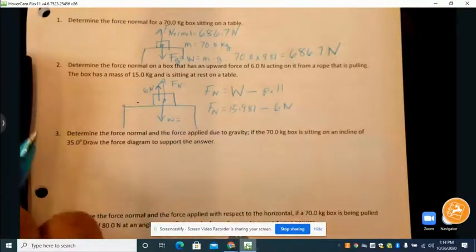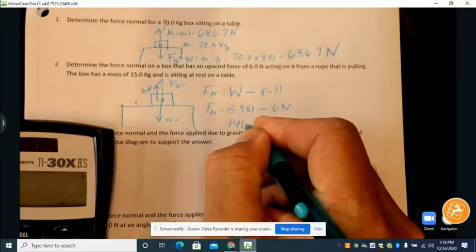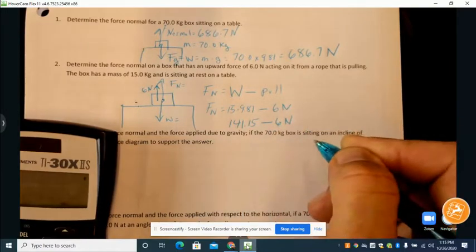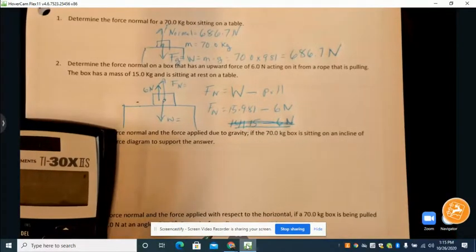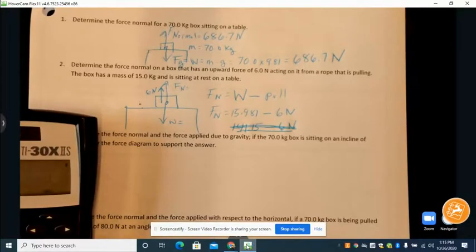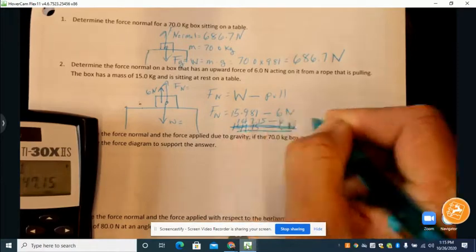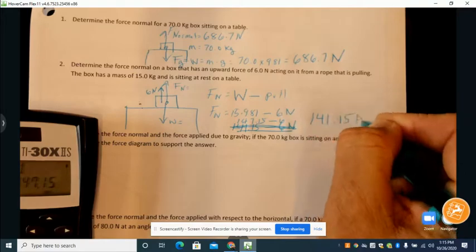Okay, so 15 times 9.81, 141.15 minus 6 newtons that we're pulling up. That looked really high anyway. 15 times 10, yeah, 150. 15 times 9.81, clear that. 15 times 9.81 equals, I get 147.15 minus the 6 newtons gives us that answer that we just got, 141.15 newtons.